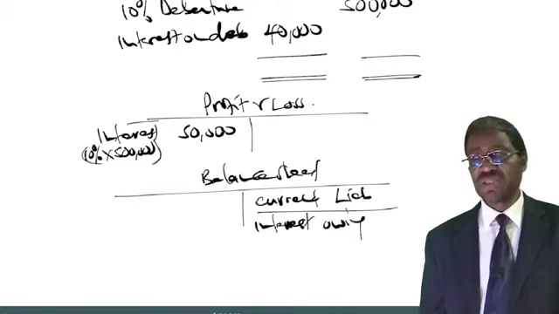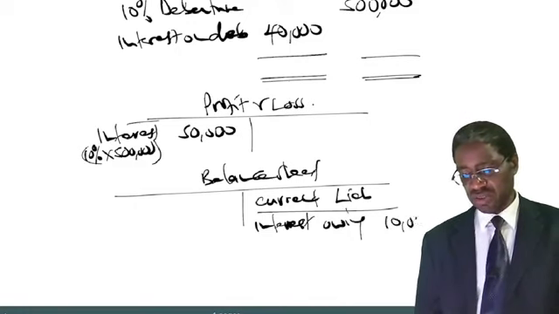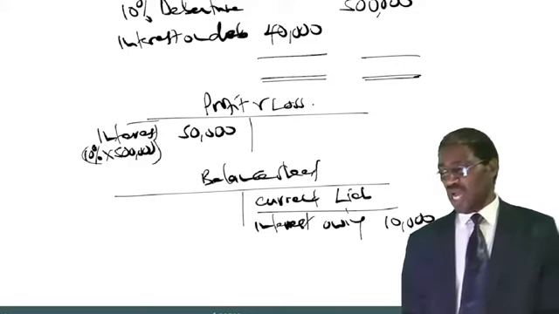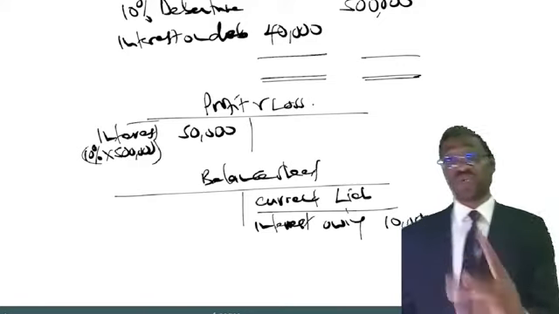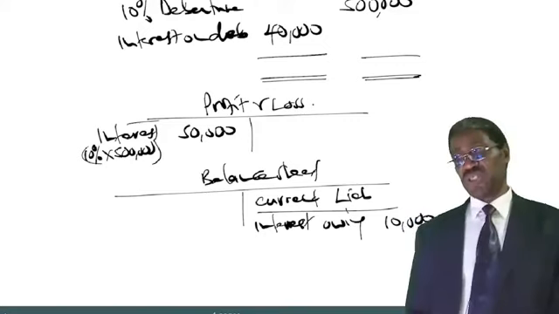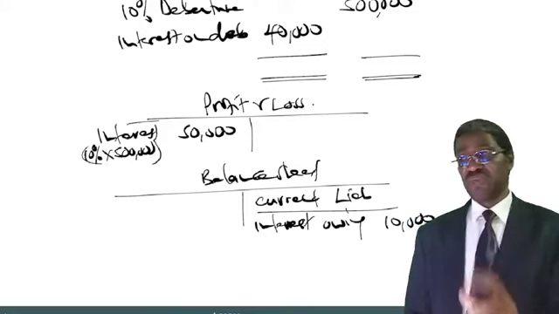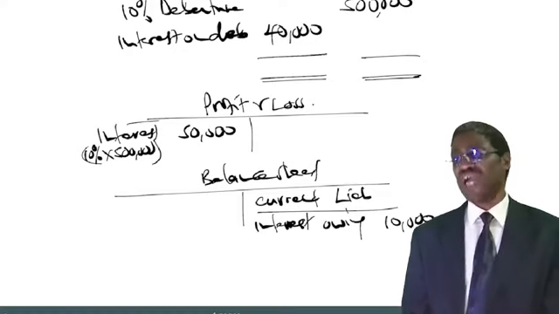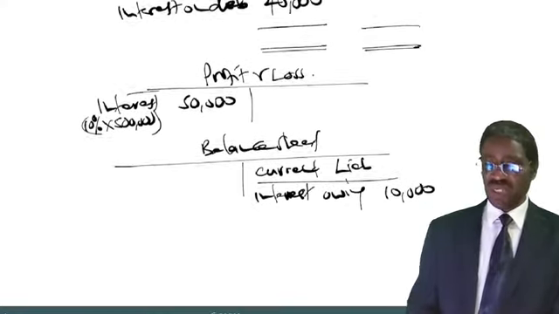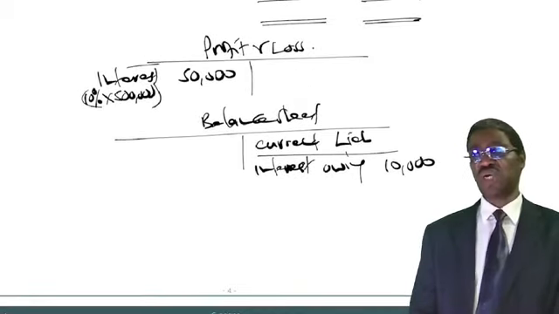Interest owing of 10. I'm supposed to pay them 50. According to that trial balance, I've only paid them 40. So I owe them 10. Good. So let's now go to case 2, assuming you're through with case 1.